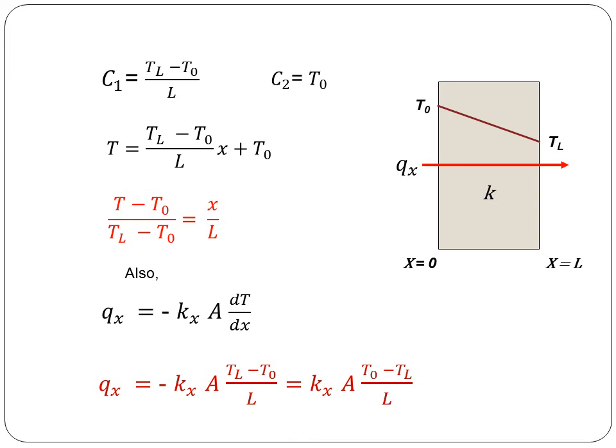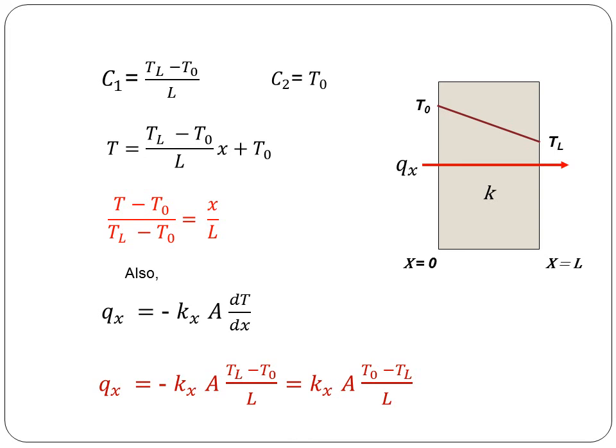Substitute x equal to 0, you will get C 2 equal to T 0; substitute x equal to L, you will get C 1 as T L minus T 0 by L. When I substitute C 1 and C 2 in the temperature equation, it becomes T equal to T L minus T 0 by L into x, plus T 0.